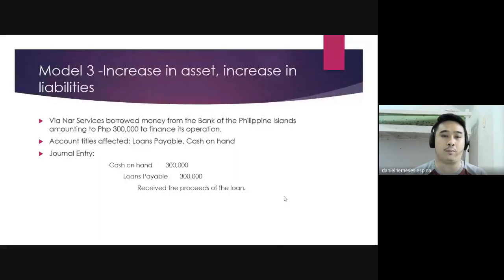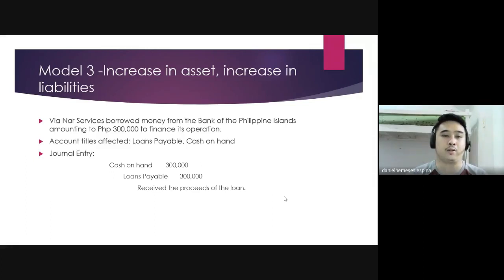So every time you borrow or take a loan, you will receive an asset, which is cash, but it will also increase your liability. Okay, so your payable will increase.